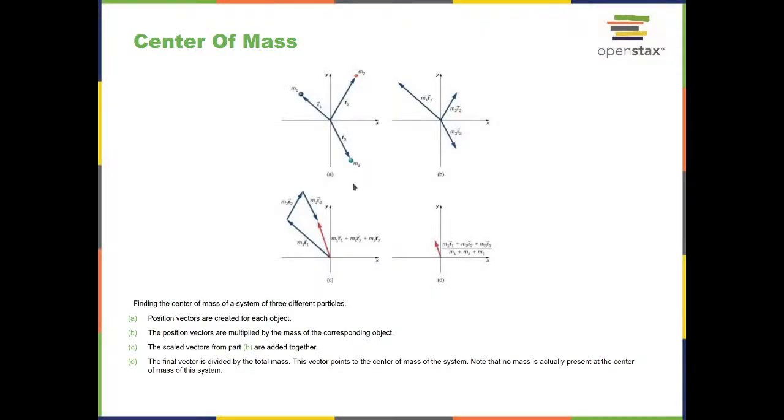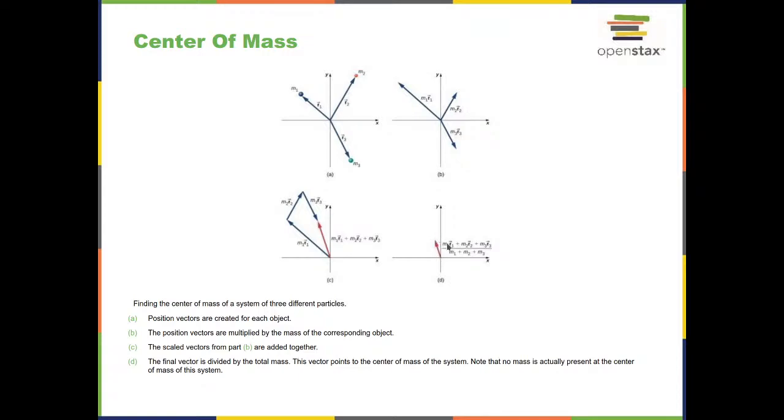So if we want to calculate the center of mass from any reference point, we'll calculate the weighted sum of the masses of the particles multiplied with their positions. So here we have m1 times r1 plus m2 times r2 plus m3 times r3. If we add those three products together, we'll end up with a vector which we then normalize with the mass itself, and we'll find the position of the center of mass.